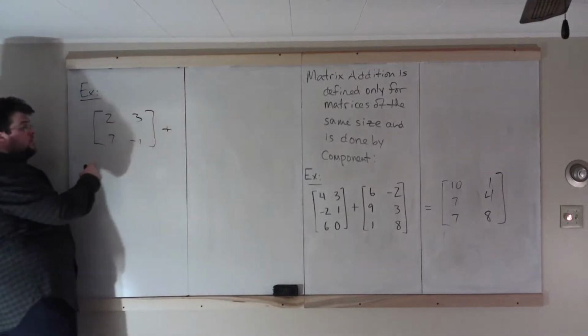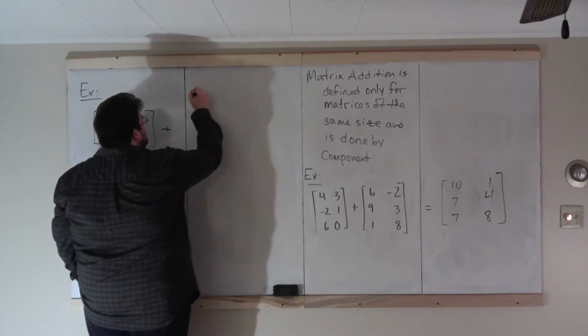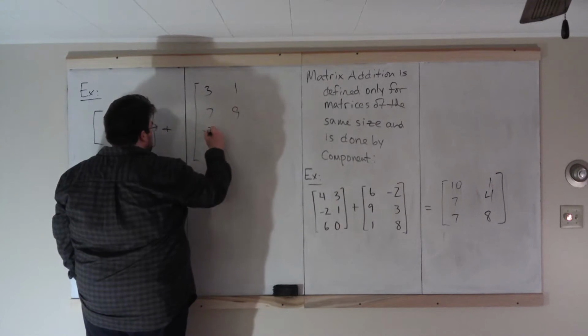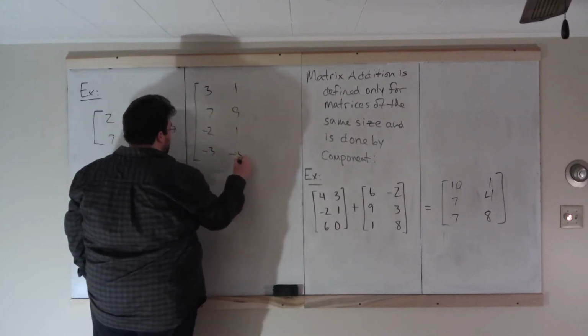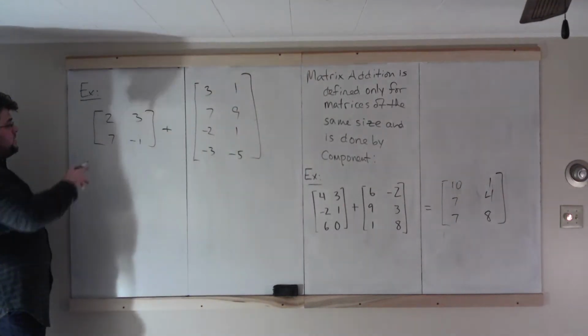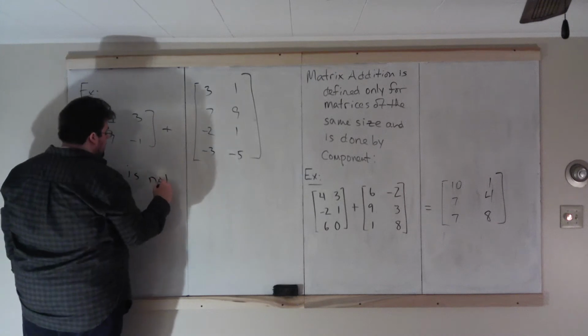So right here we have a square matrix, a 2 by 2 matrix, 2 rows, 2 columns. So we have a 2 by 2 and a 4 by 2. This addition is not defined.